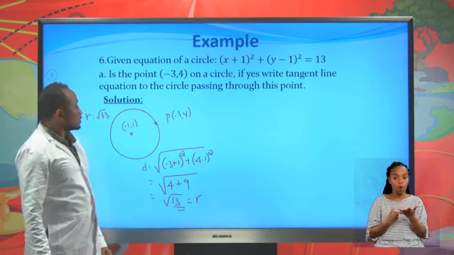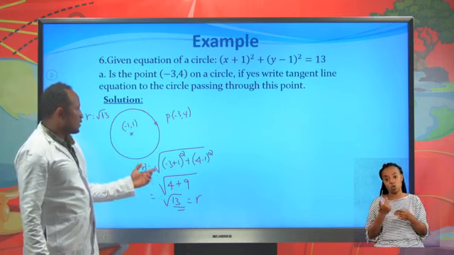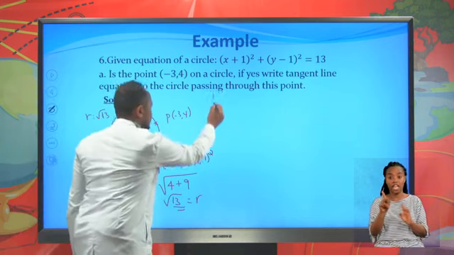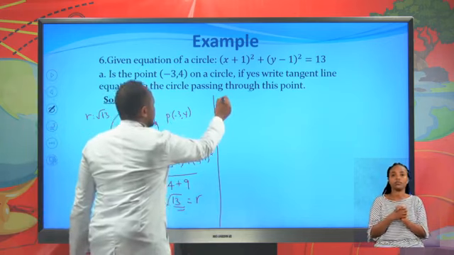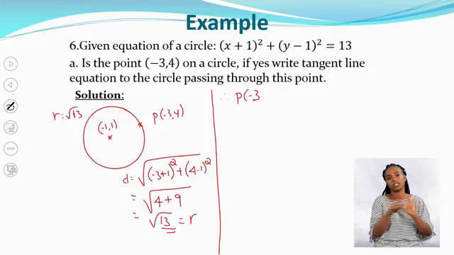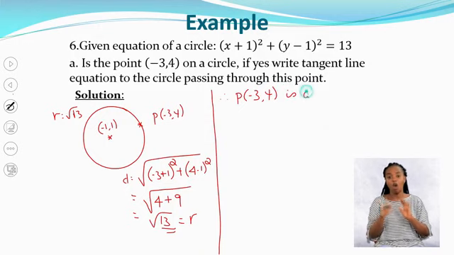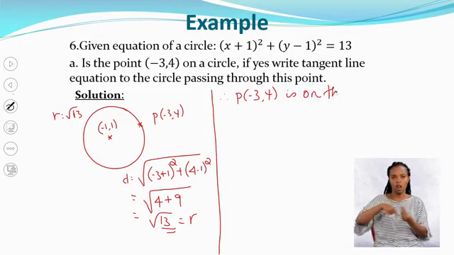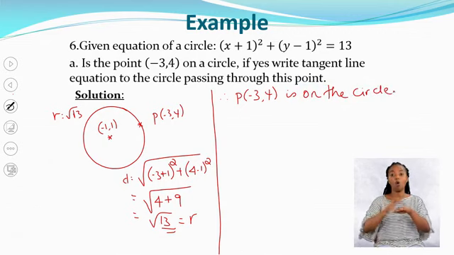So we have checked the point P: P(−3, 4) is on the circle.